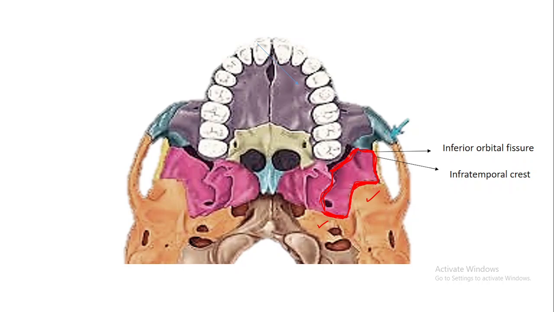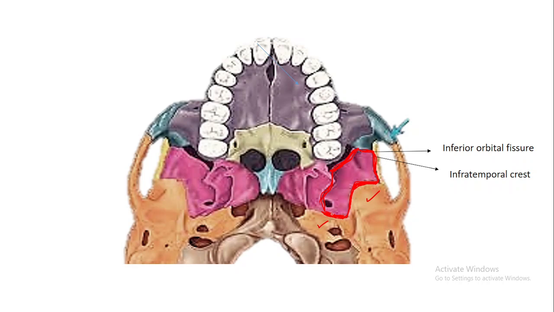So this structure, which is roughly pentagonal in shape, is the infratemporal surface of greater wing of sphenoid, which is seen in norma basalis. Anteriorly, it is continuous with the posterior border of inferior orbital fissure. Laterally, it forms the infratemporal crest. Posterolaterally, it articulates with the squamous temporal bone.